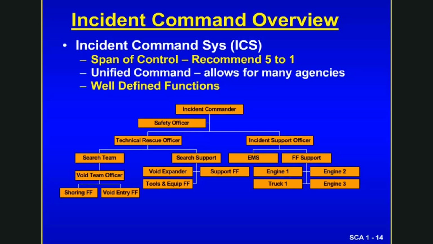That is that there's one person in charge of every 5, and so on up the chain. There is a unified command at the top, which allows for many agencies to participate seamlessly and efficiently. And there are well-defined functions such as search, rescue, and so forth. And on the screen is a little diagram of what an incident might look like.